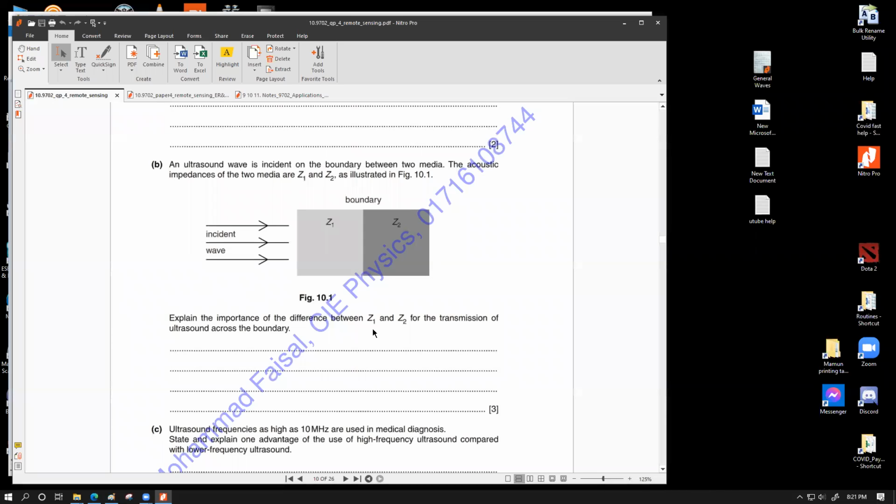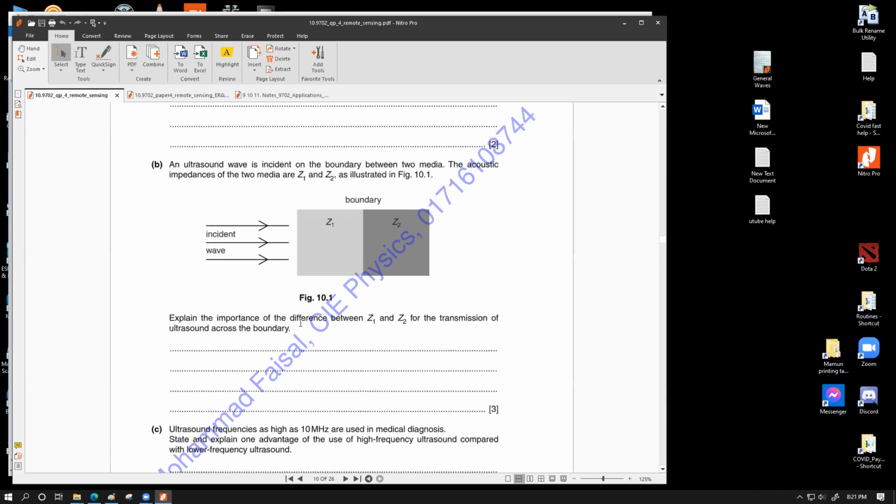So most of the incident wave intensity is transmitted through the boundary, and vice versa. So I first write the equation and use it for the explanation of what they're asking for. That's how I would write the answer.